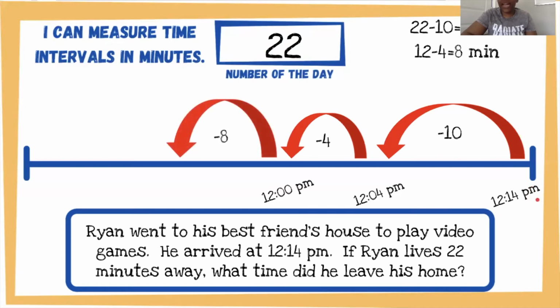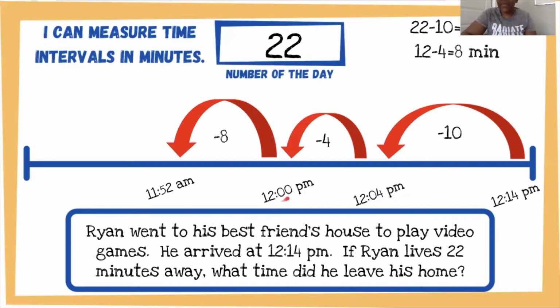When I subtract my last 8 minutes from 12 o'clock, it puts me at 11:52 a.m. Did you notice that my time changed from p.m. to a.m.? Why is that?